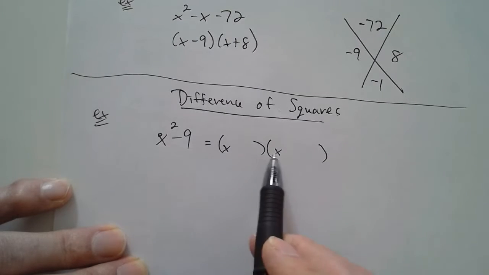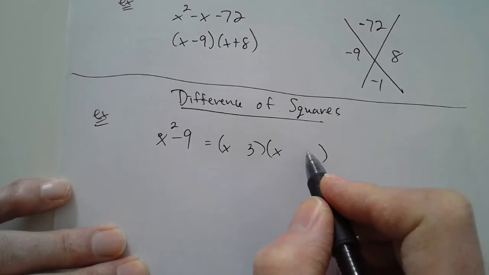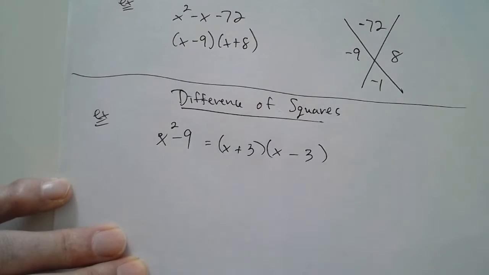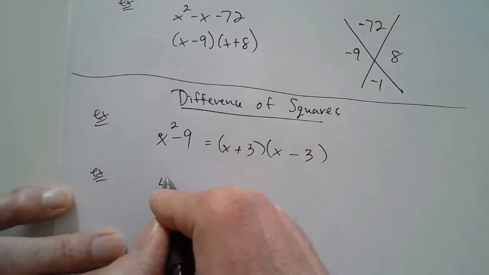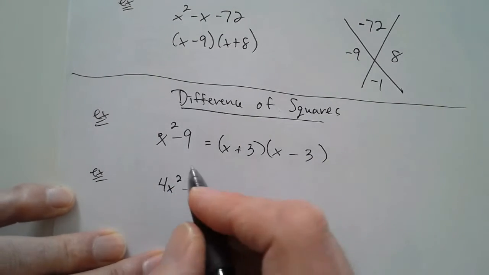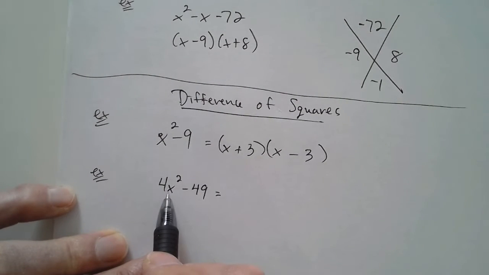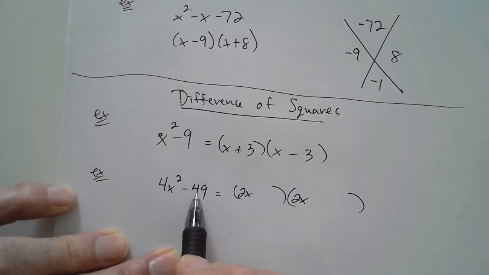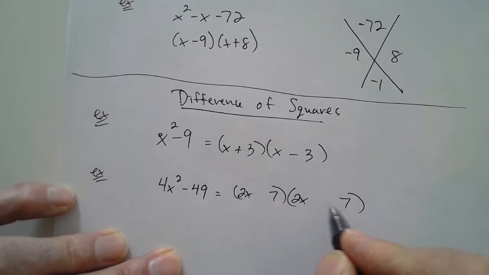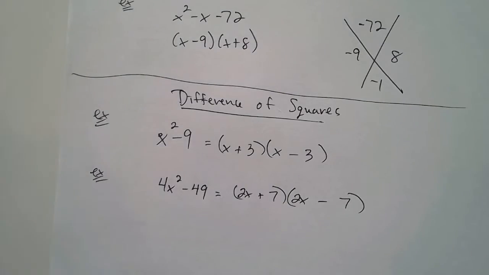So I can put x in the first spot in each set of parentheses. 3 is being squared there. And then you just add 1, you subtract 1. You might have 4x squared minus 49. Well, that's a perfect square. What do I have to square to get 4x squared? That'd be 2x. And 7 squared is 49. We add 1, we subtract 1. So that's difference of squares.